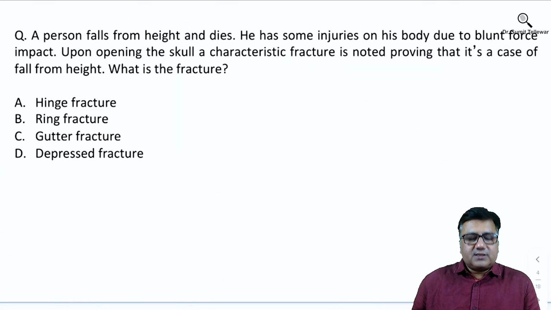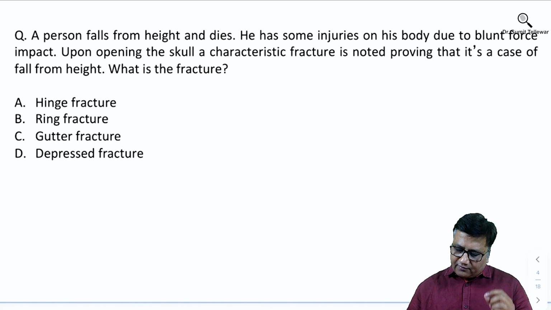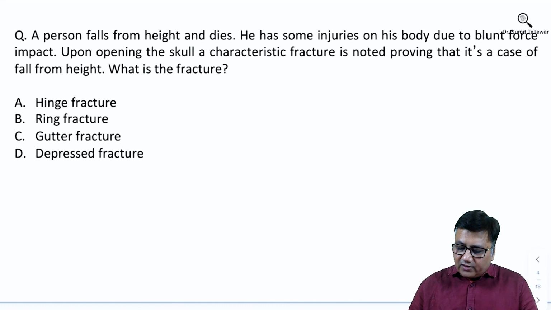So next question is, a person falls from height and dies. He has some injuries on his body due to blunt force impact. Upon opening the skull, a characteristic fracture is noted, proving that it's a case of fall from height. What is the fracture?